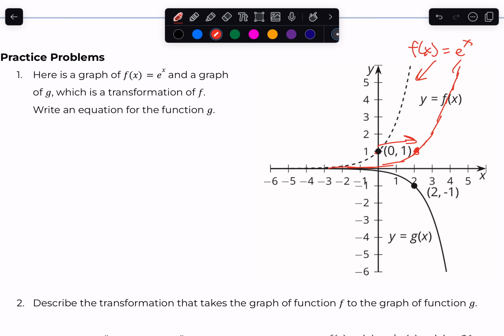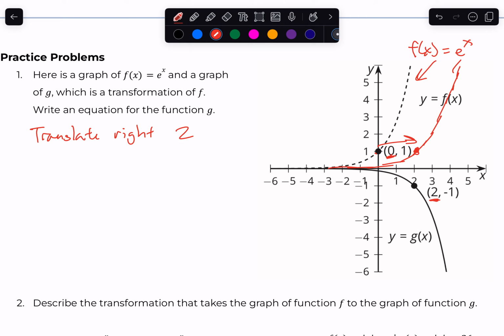So we see movement, we see translate right by 2, because we go from 0 to 2.